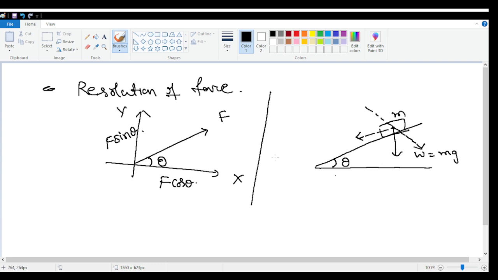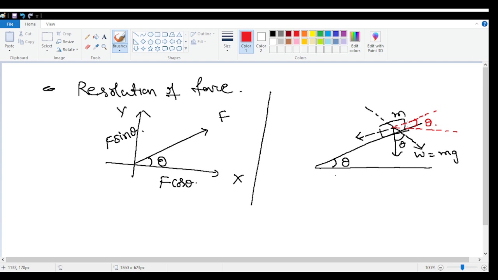Please look here. If the inclined plane angle is theta, let me draw a small figure. Here is the horizontal line, so this angle must be theta only.